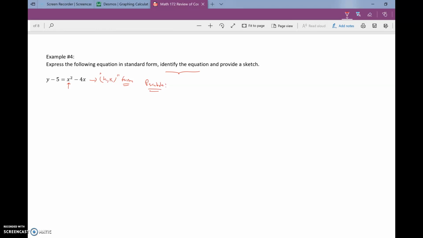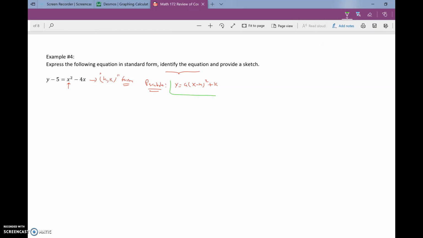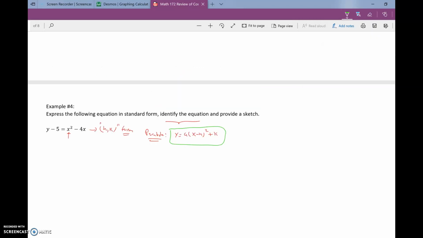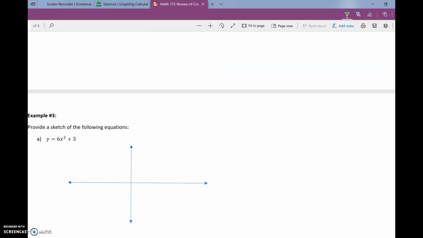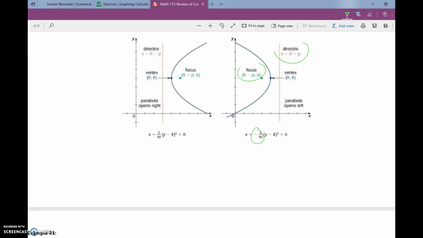And h comma k form is going to be y is equal to a(x minus h) squared plus the value of k. So I'm just using one of the formulas from above. There's no need to express the a as technically this mess if we're not finding the focus or the directrix, since that form is needed there.